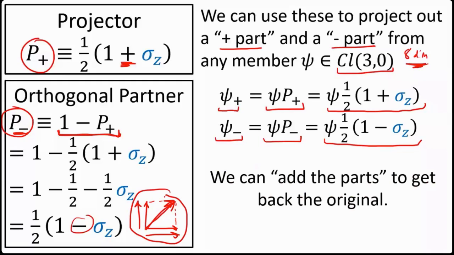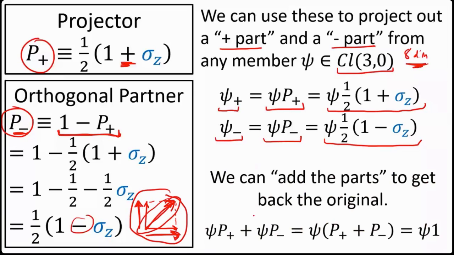So basically we could add an x and a y vector back together to get the original, and we can add our plus part and our minus part together to get the original. The reason is that p plus and p minus sum to 1. p minus is literally defined as 1 minus p plus, so if we add p plus to that, it's obviously 1.